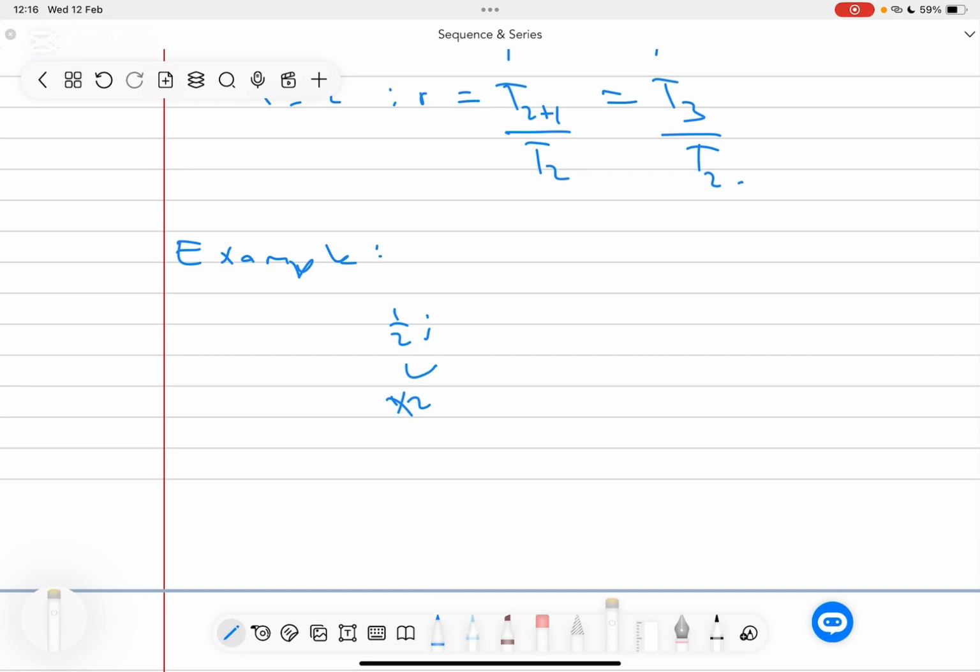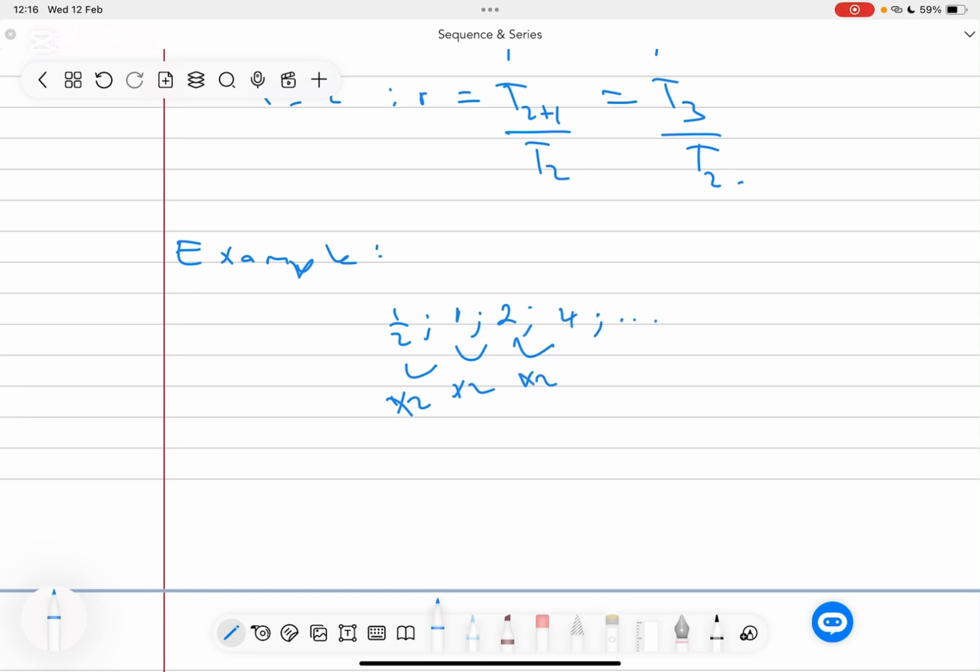That means I'm going to have 1 over 2 times 2, the 2s would cancel, and the next term is 1. Then to get to the next term, I multiply again by the 2, because the common ratio is the same number that we use to extend the sequence. If you multiply the 1 by 2, we indeed get a 2. Now to get to the next term, I multiply by 2 again, and 2 times 2 gives a 4.